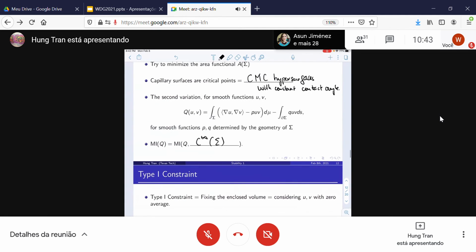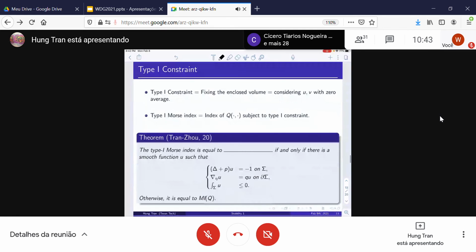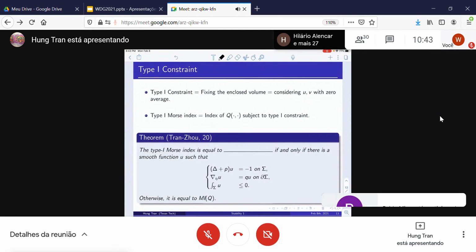And now we consider the type 1 constraint. The type 1 constraint here is to fix the enclosed volume. And as I said earlier, this is equivalent to the consideration of u with 0 average, and this also follows from a first variation calculation. Now the type 1 Morse index is the index of this symmetric bilinear form subject to the type 1 constraint.